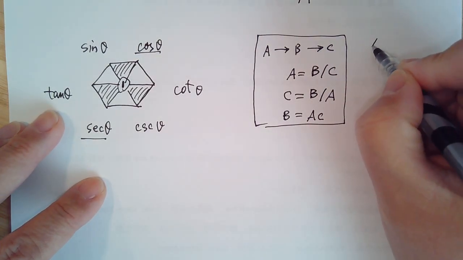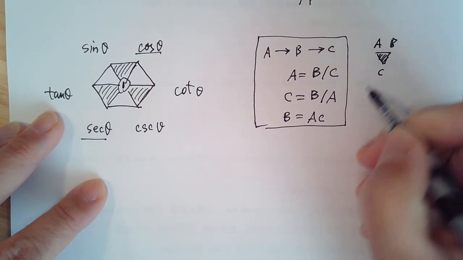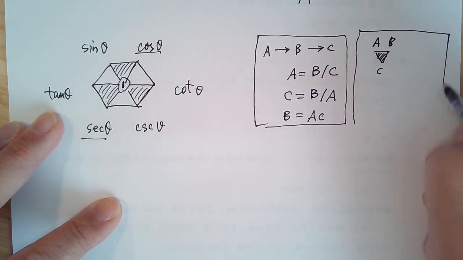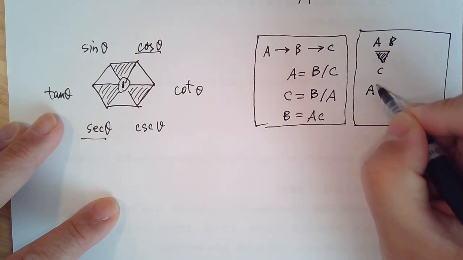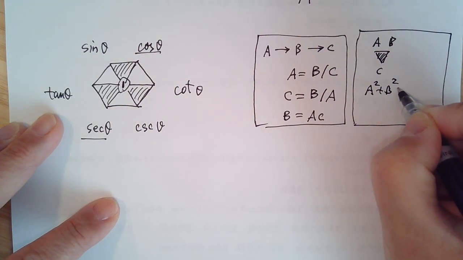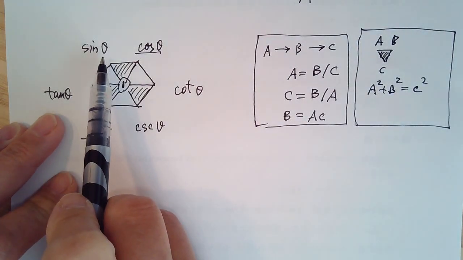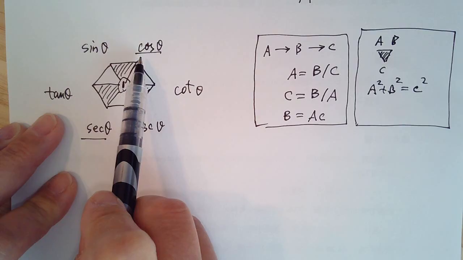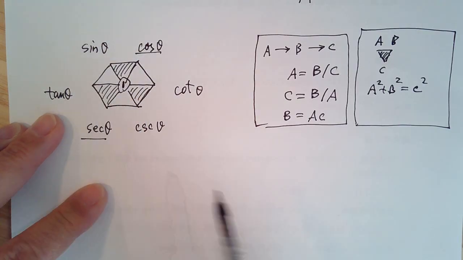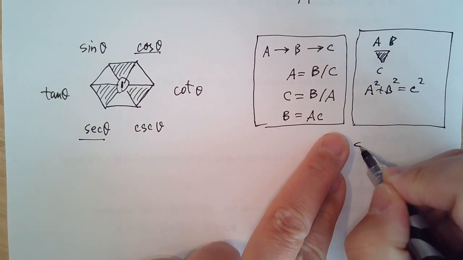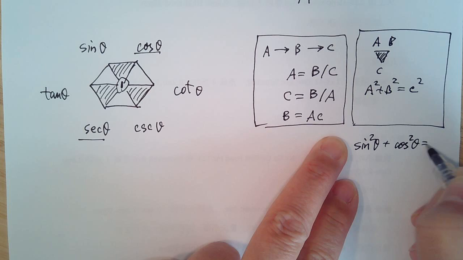And number two, if you have A, B on top, and C at the bottom for the shaded triangle, you see that I have three of them. Then A square plus B square will be C square. So let's see, sine square theta plus cosine square theta equals 1 square, which is just 1.